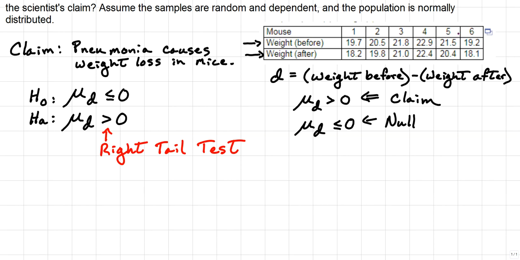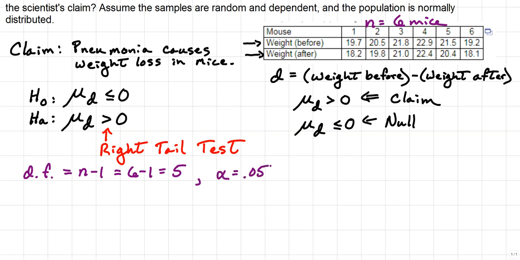Now, remembering that there are 6 mice in the sample size, so that means that our degrees of freedom, df, will be equal to n minus 1, where n is equal to 6. So therefore that will be equal to 6 minus 1, which will be equal to 5. And we will also remember that our alpha is equal to 0.05. So we'll need to use the t-table that is in our textbook.